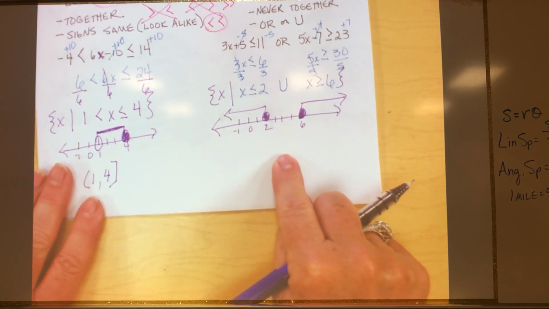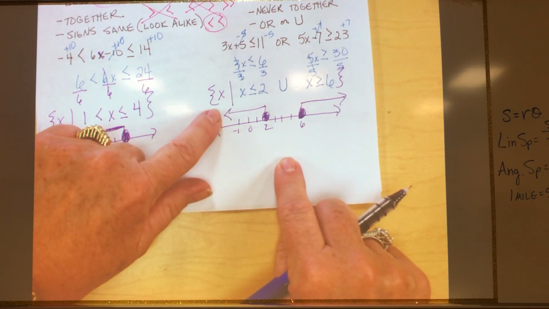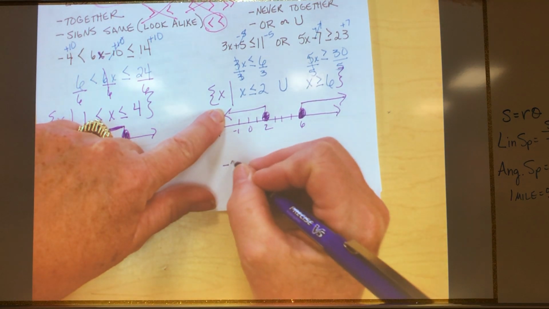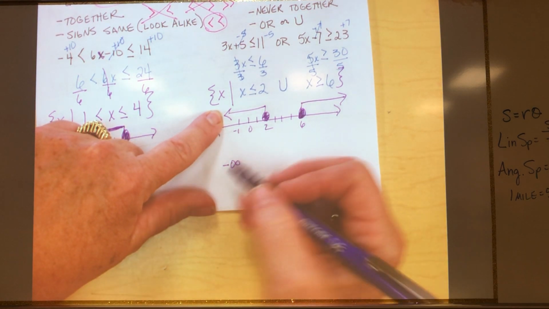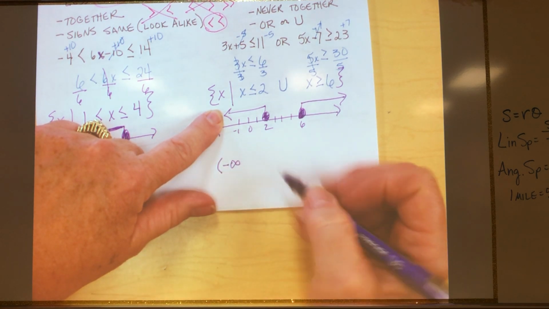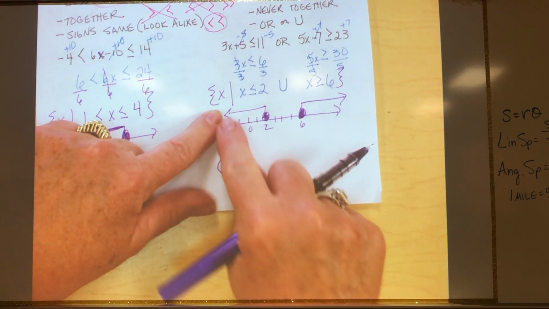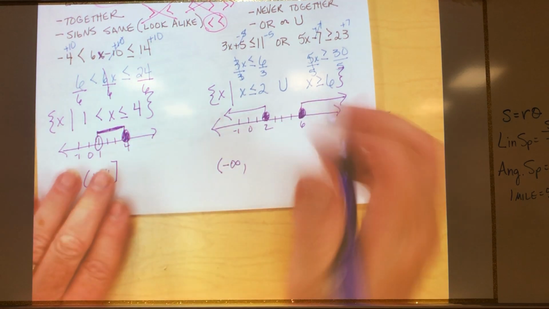What does this one look like when you write it in interval notation? What's the first thing that you come to on your graph? Negative infinity. And what goes beside it? 2. What goes on the left of it? Parentheses, right? Comma, all the way up until what? 2. And what about that 2?